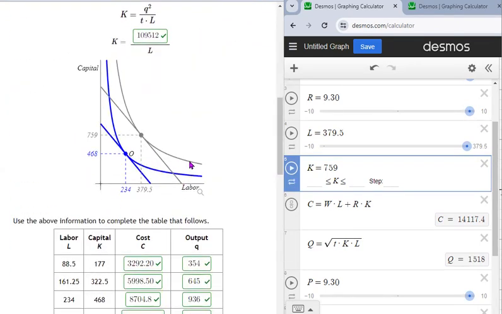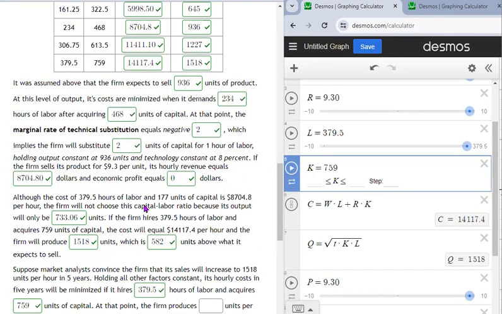So now it's being told that yes, you'll be able to sell 1,518 units, so the firm's going to go ahead and hire that much labor and acquire that many units of capital.